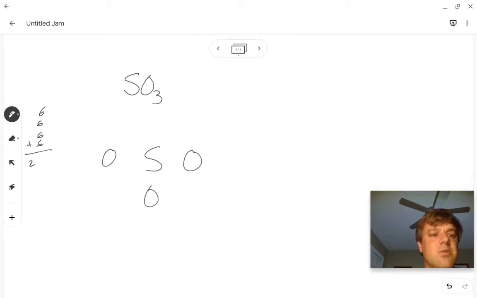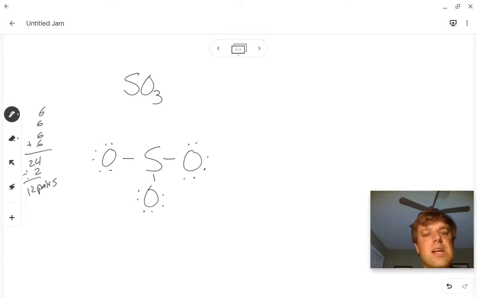That all adds up to 24, or 12 pairs. So we go 1, 2, 3, 4, 5, 6, 7, 8, 9, 10, 11, 12. We have drawn all the electrons we have, but this sulfur in the middle only has 6 electrons around it instead of the 8 that it needs.